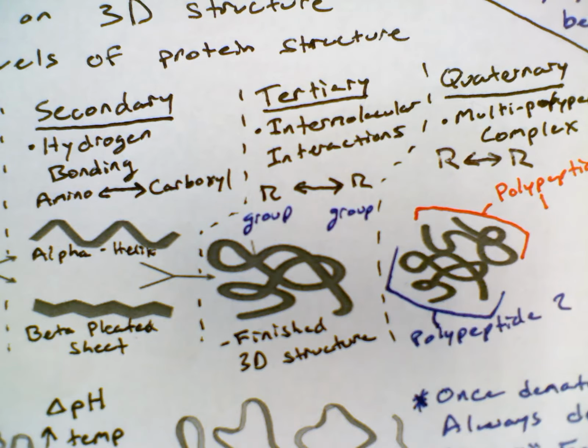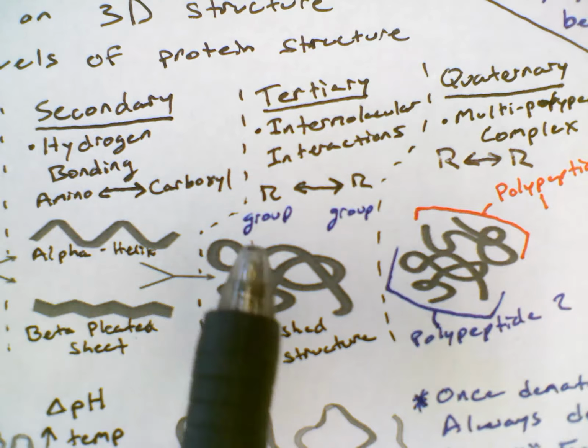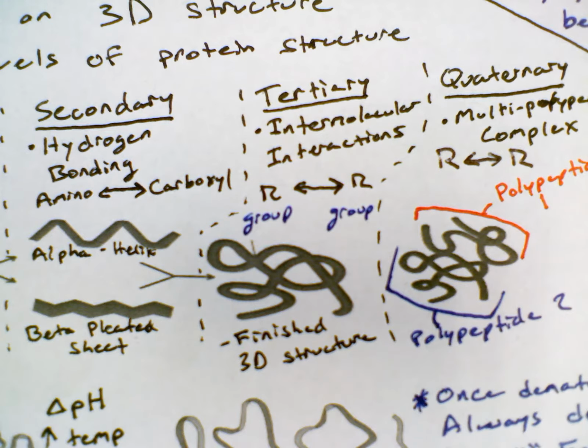Tertiary structure is where we get a finalized finished protein. We're going to get that finished three-dimensional shape, and it is going to be due to interactions between neighboring R groups. So for instance, some R groups are polar, meaning they can hydrogen bond with other R groups. Some R groups are nonpolar, meaning that they're hydrophobic.